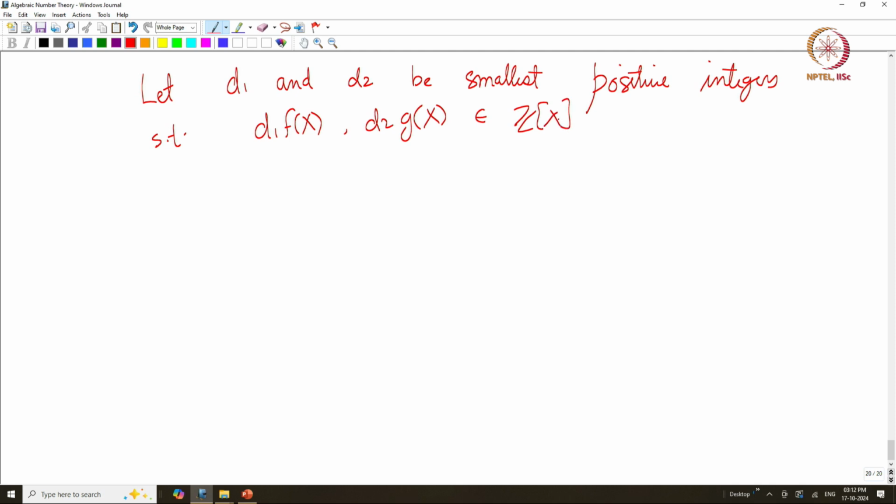So, I am just clearing the denominators. I am looking at denominators of all coefficients of f of x and taking their LCM, that is what my d1 is. I am taking denominators of all coefficients of g and taking their LCM, and that is what d2 is, and my aim is to show that d1 is 1. Okay. So, that is what we want to show.